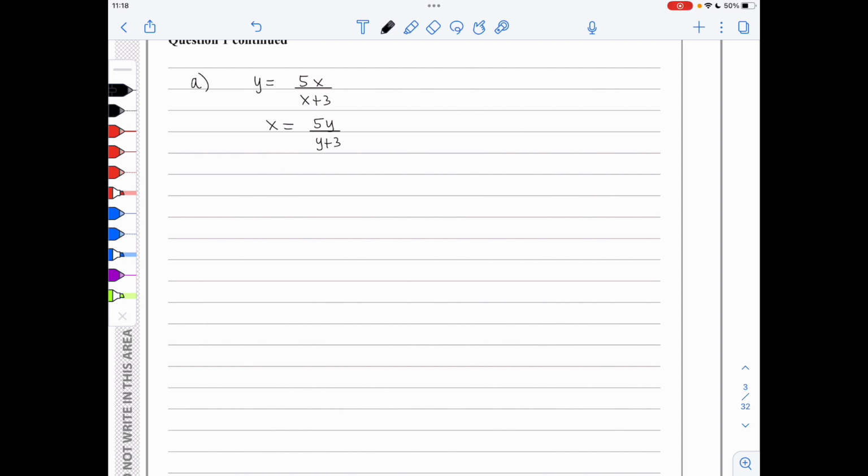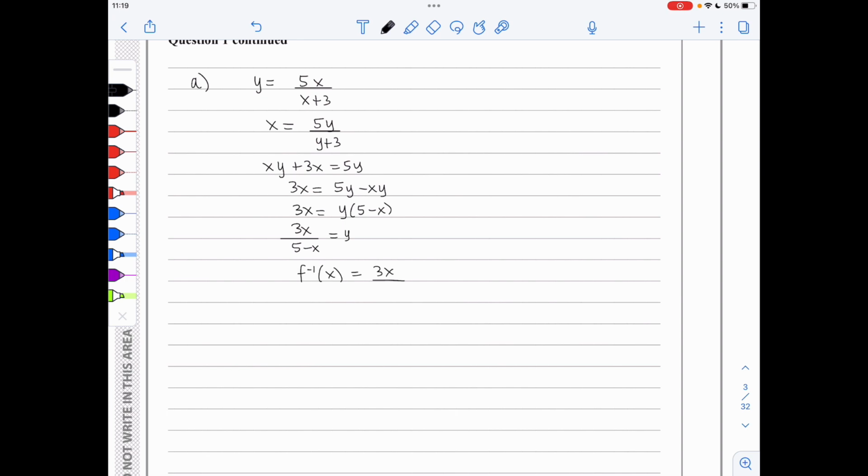We can cross multiply to get xy plus 3x is 5y, leading to 3x being 5y minus xy, and therefore 3x is y(5 minus x). So 3x over 5 minus x is equal to y. So we've got an expression for f inverse of x.